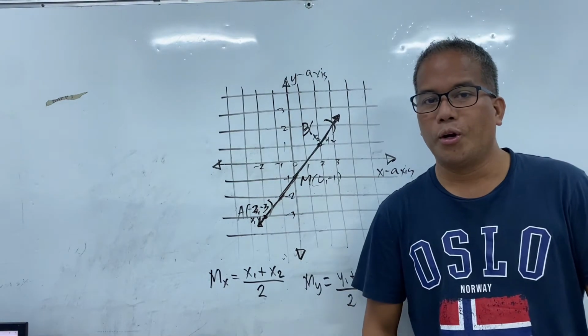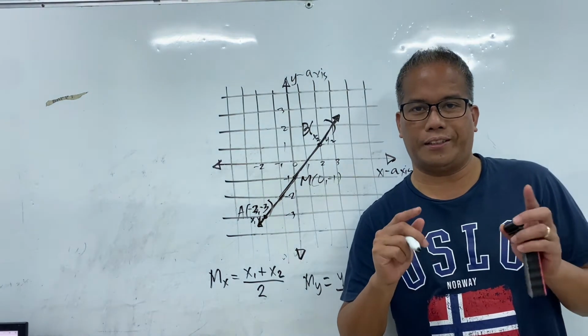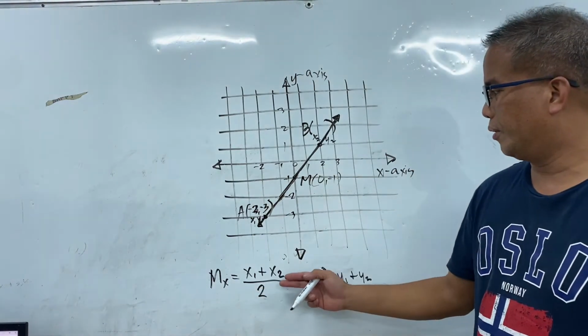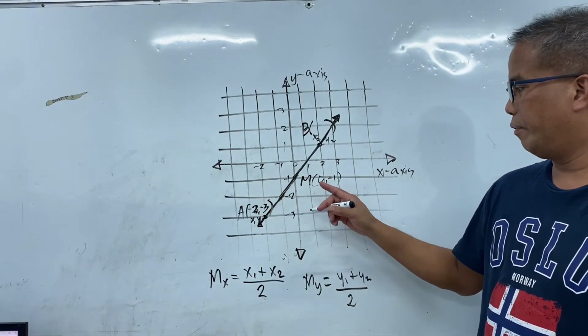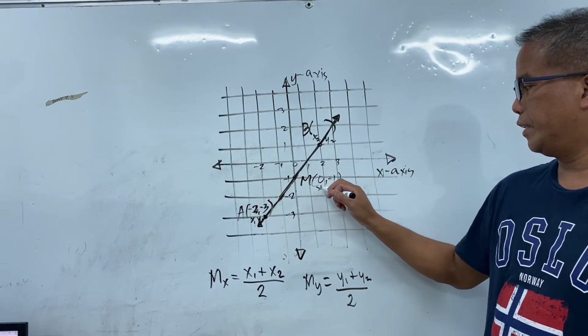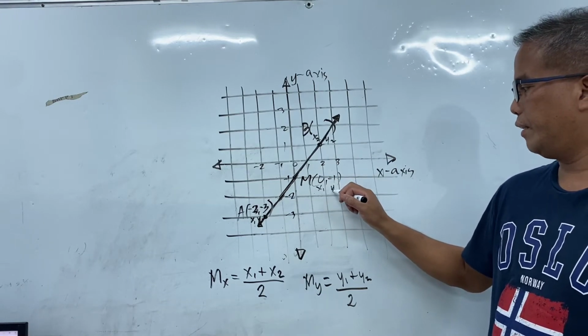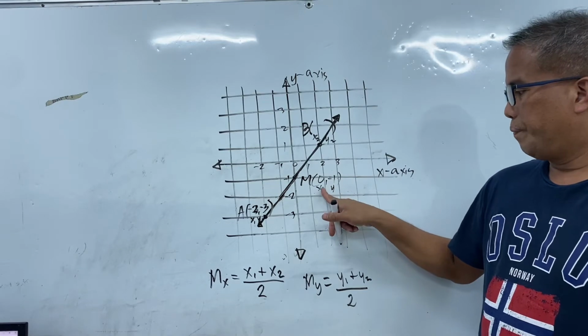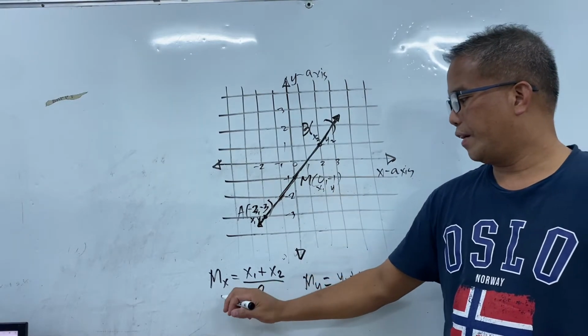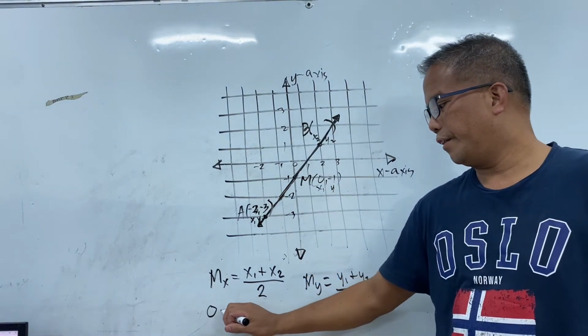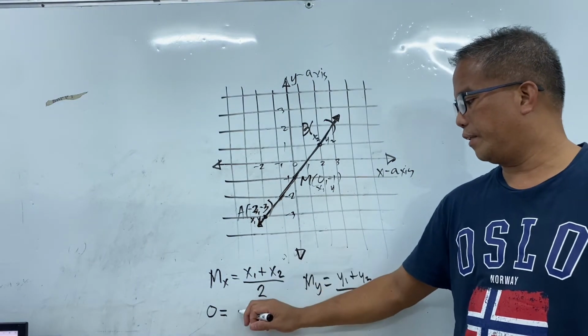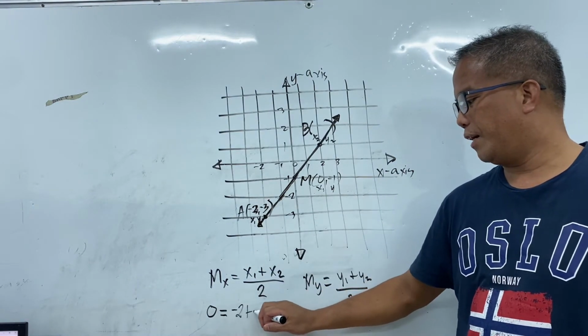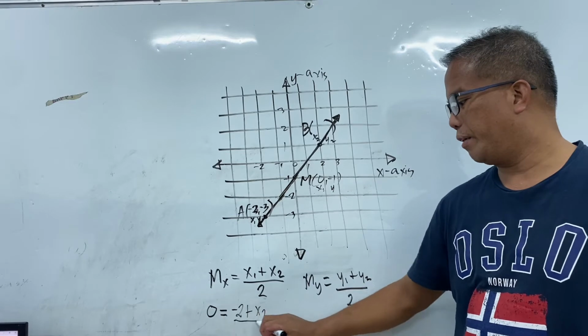Alright? So all you have to do, guys, is substitution. So the coordinate of the midpoint, this is the x, then this is the y. Substitute here 0 equals your x sub 1, which is -2, plus x sub 2 divided by 2.